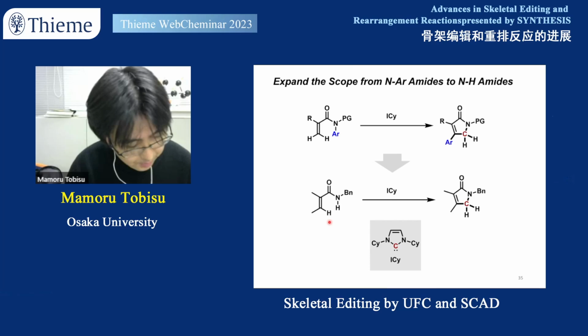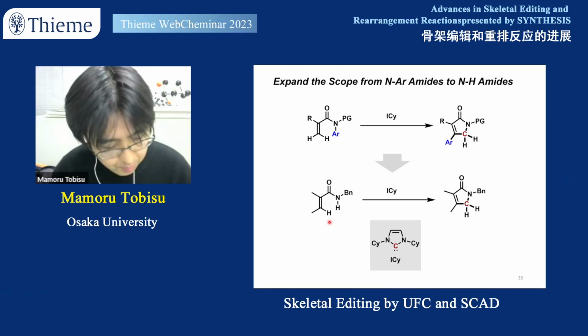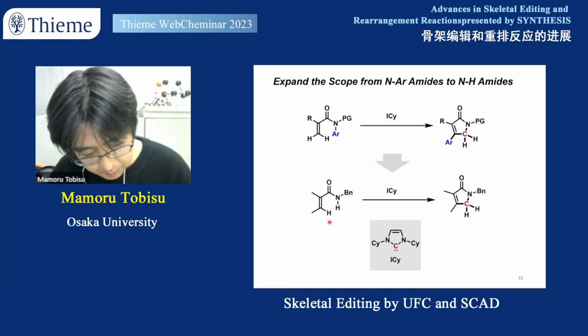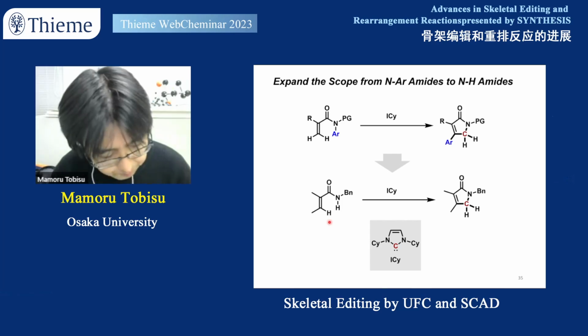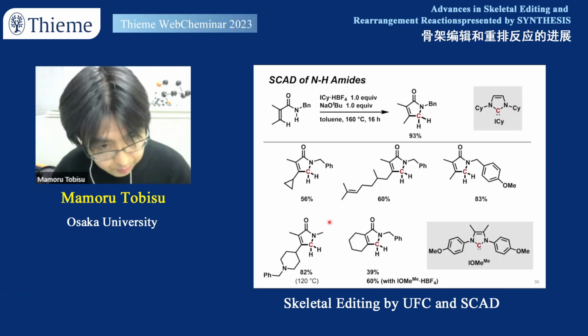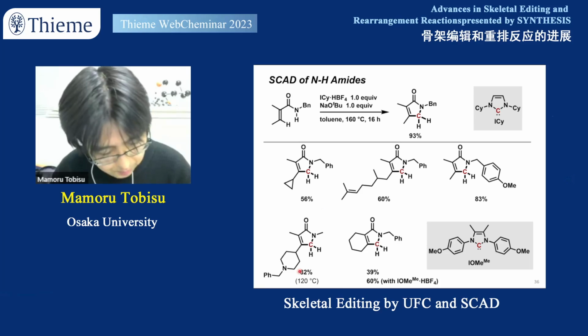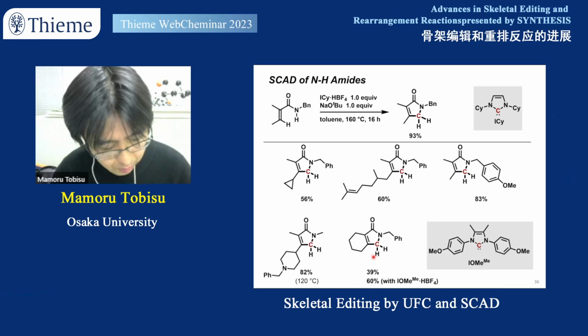So here is the scope of the SCAD reaction using NH amides, and a series of 1,2-disubstituted acrylamides successfully participate in this SCAD reaction to form the corresponding gamma lactams. And cyclopropyl group, cyclic amines, and some bicyclic systems all underwent the single carbon atom doping reaction.